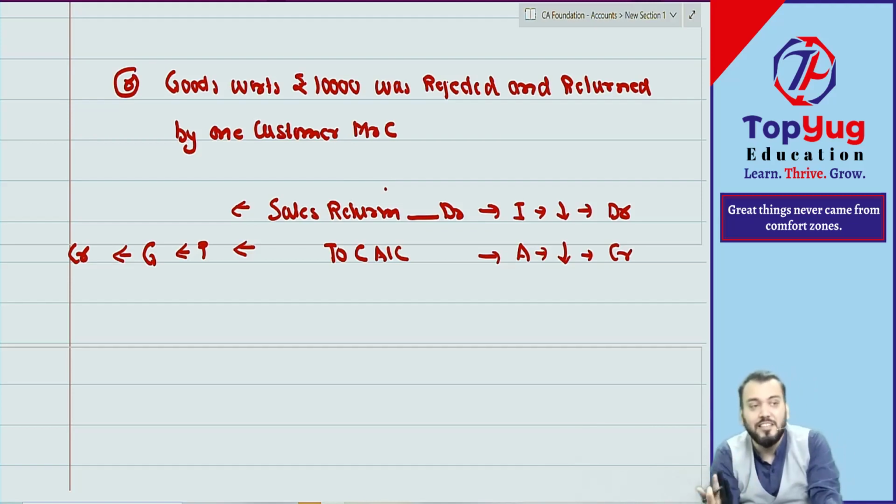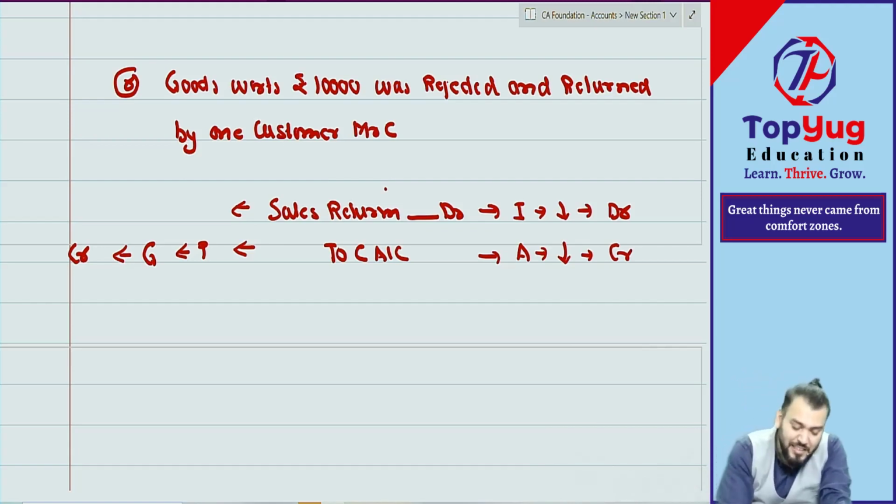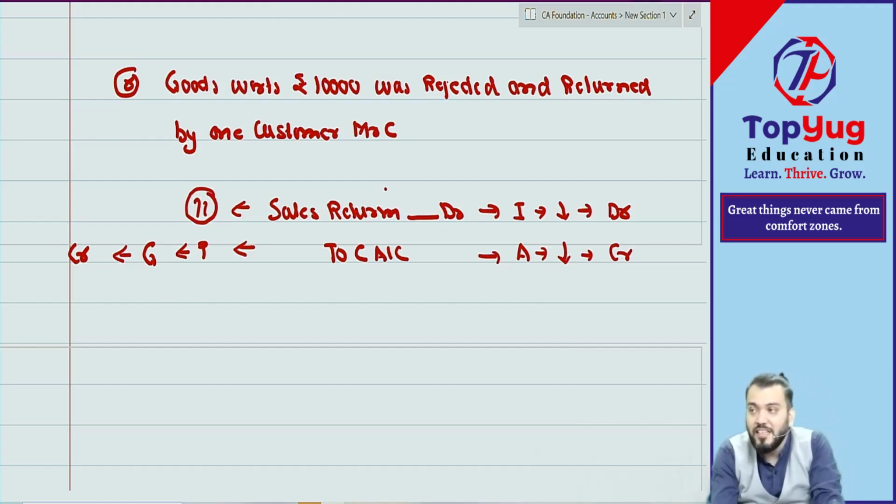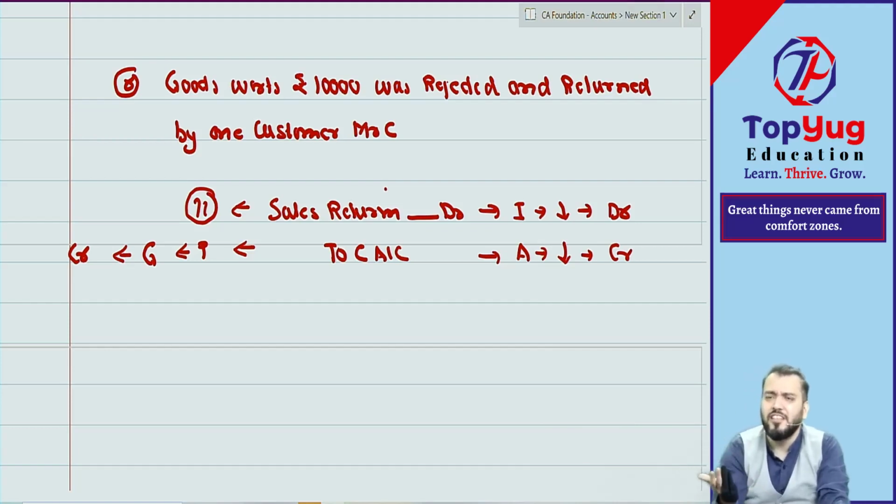And for decrease in income, there are no rules. They said all income will be credited, all expense will be debited. So in this case, which rule will fail? Traditional rules will fail. If you say sales return is an expense, then all expenses are debited.